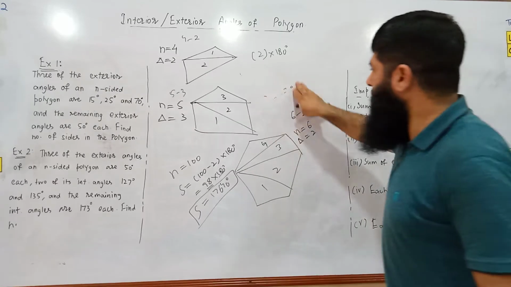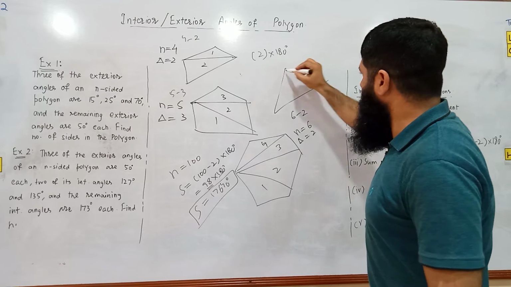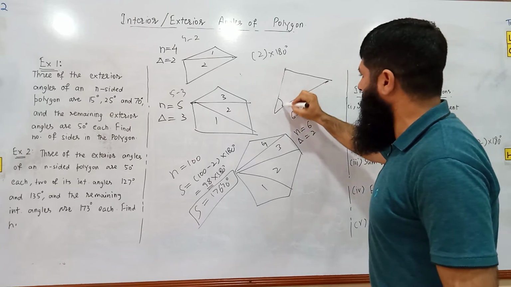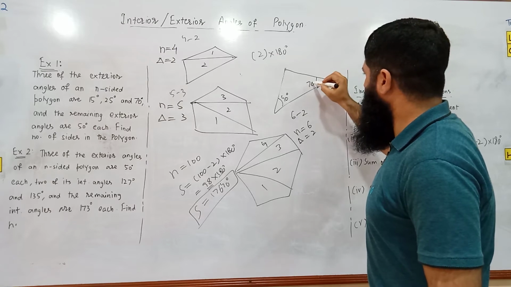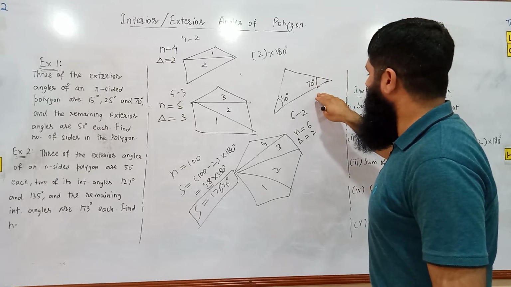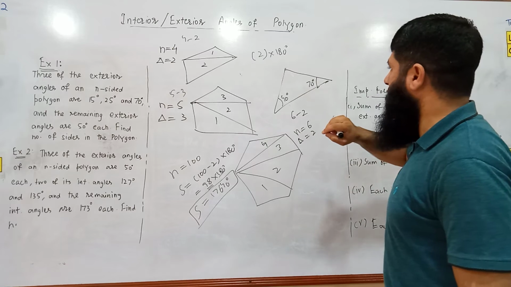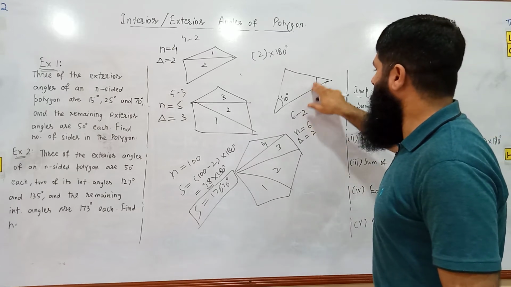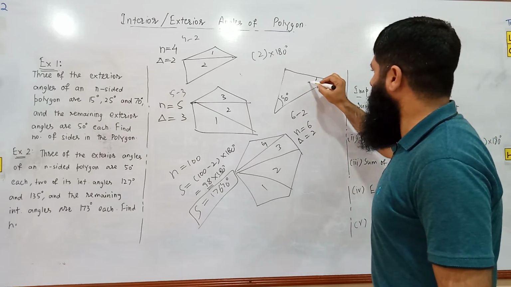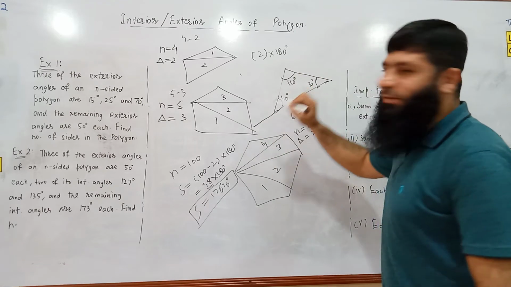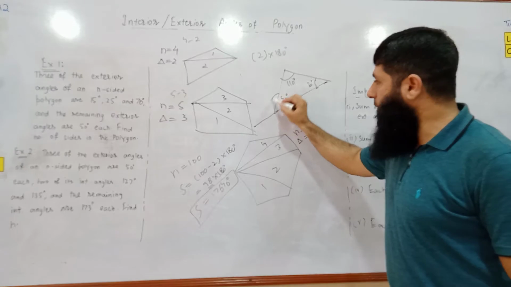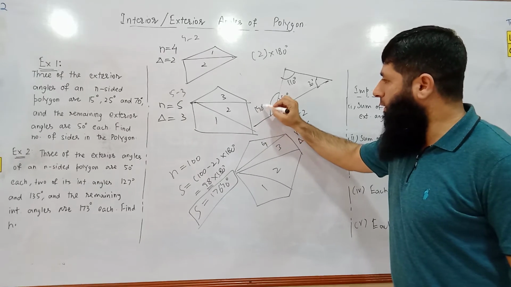For example, if this is a triangle, a three-sided polygon, this is 40 degrees, let's suppose this is 70 degrees, and you know that 70 plus 40 is 110. This is, let's suppose, 30 degrees, this is 110. Okay, the adjacent exterior angle of this triangle will be 140.